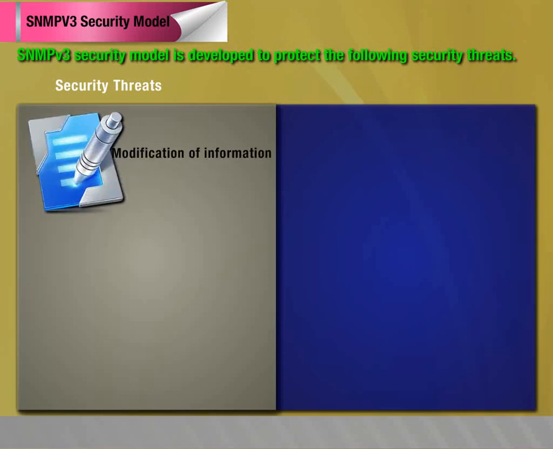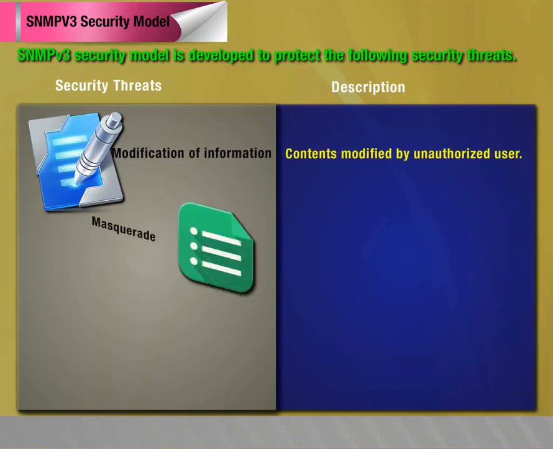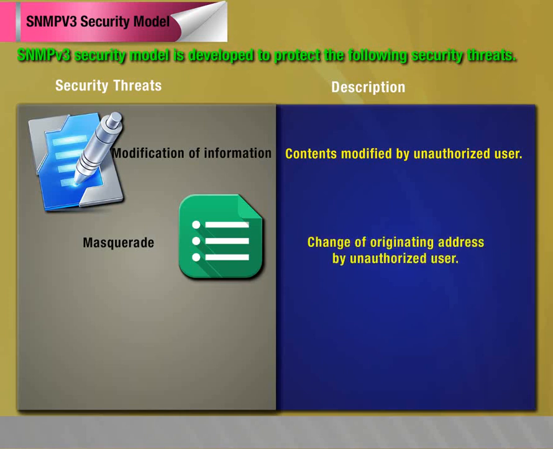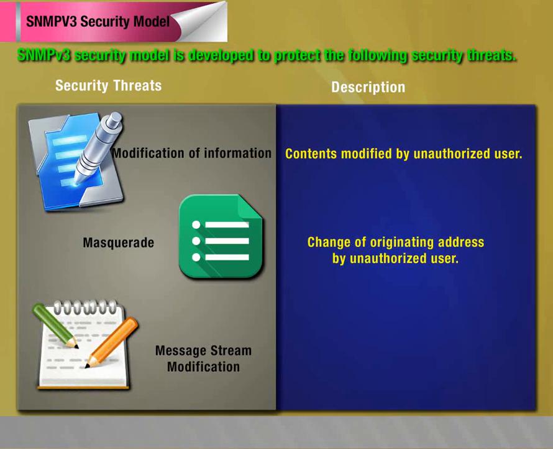Modification of information: contents modified by an unauthorized user. Masquerade: change of originating address by an unauthorized user. Message stream modification: reordering, delay, or replay of messages.